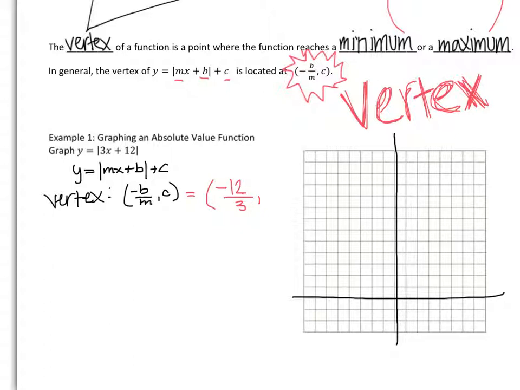Do we have a number hanging off the end? No, so it's 0. So our C is 0. Just reduce that. So what is our vertex? Negative 4, 0, right? Because negative 12 divided by 3 is negative 4. So we can put a point on our graph there, and that's our vertex.